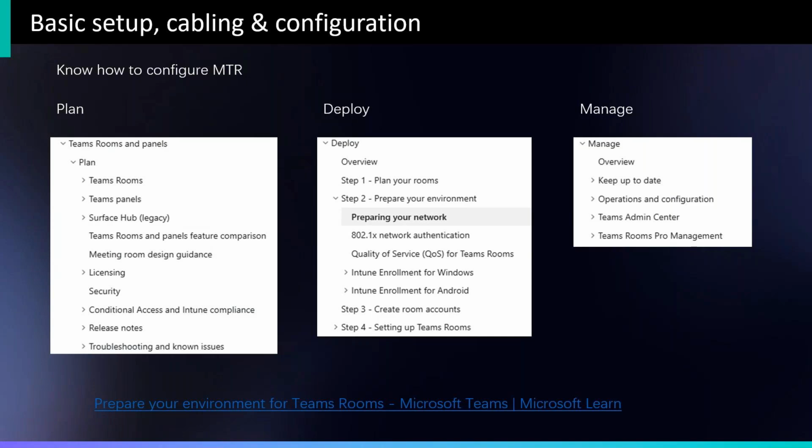Preparing your network, it lines out which IPs, which FQDNs, which ports the devices, or the app. I have to actually say the app. It's not the devices. It's the Teams Rooms app, and that is reaching out to the Microsoft backend. In general, it needs to reach out to SharePoint, Exchange, and Teams.